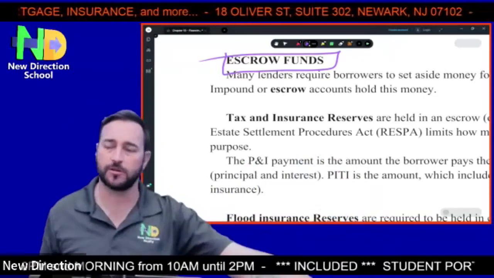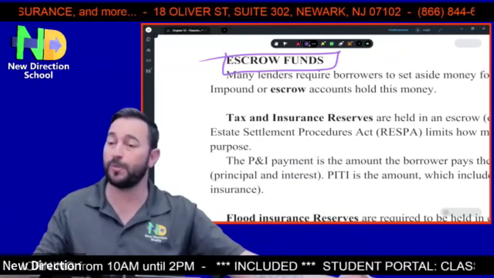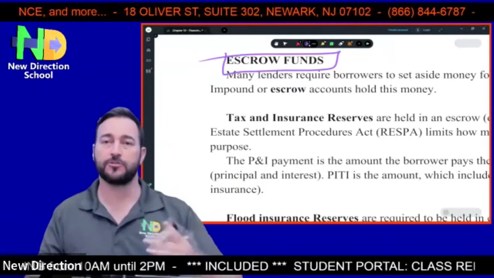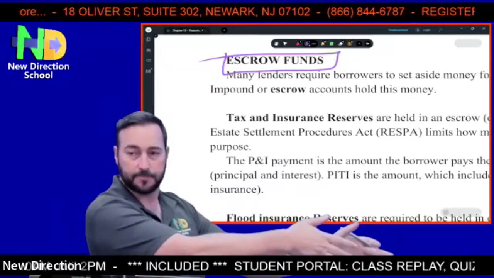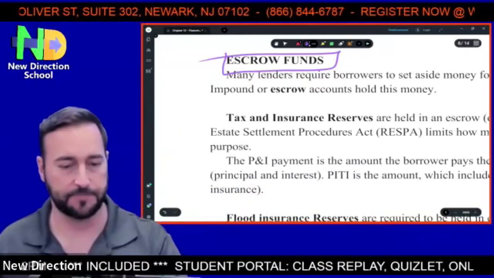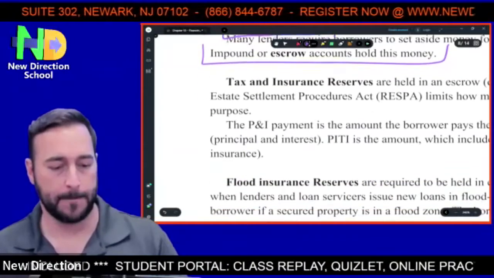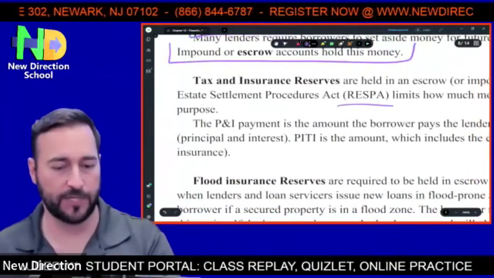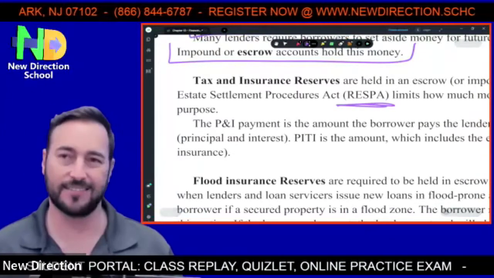Insurance is due yearly and taxes are due usually quarterly, so we don't pay every month. Out of your monthly payment, they take money and put it into an escrow account. An escrow account is a third-party account or impound account that holds the money. We're going to talk about it tomorrow, how RESPA limits how much money they can charge you up front. RESPA is the Real Estate Settlement Procedures Act.